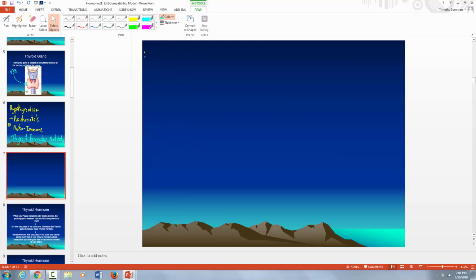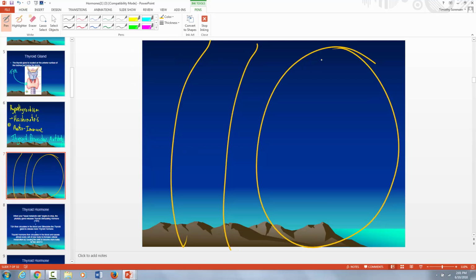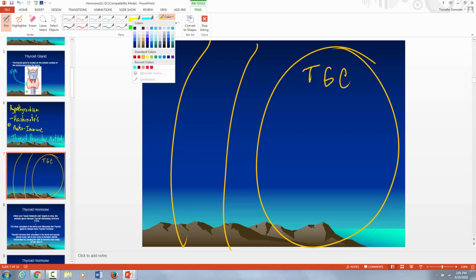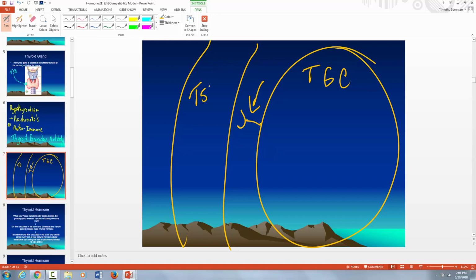Now if you remember, you've got your thyroid gland cell here, and in order for the thyroid gland cell to begin the production of thyroid hormone, it has to bind thyroid stimulating hormone released from the anterior pituitary.